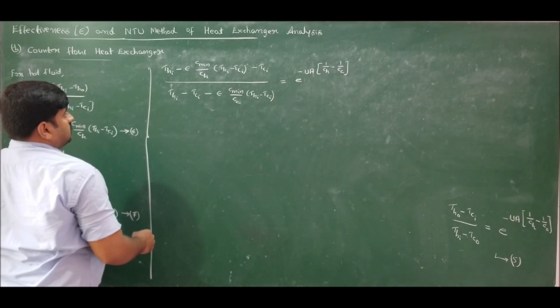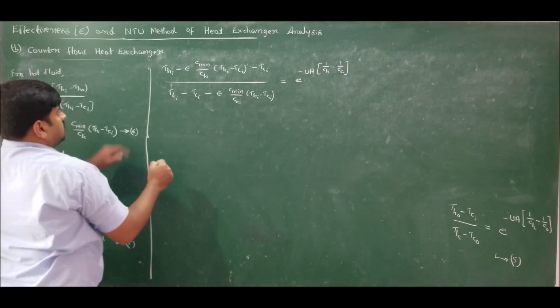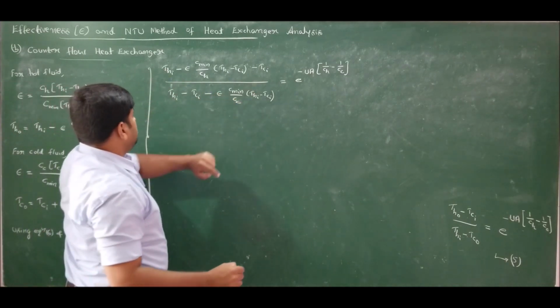So now I can rearrange the term THI minus TCI.